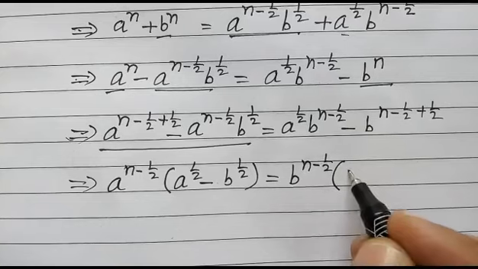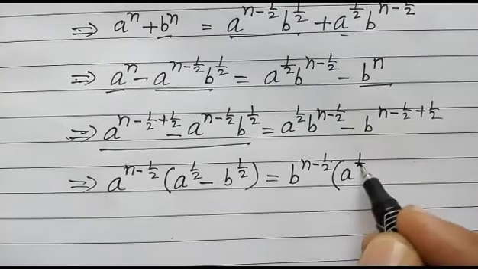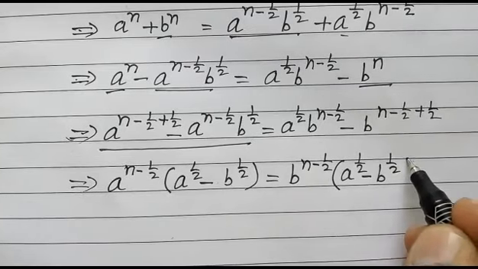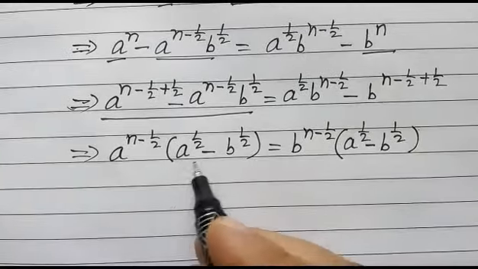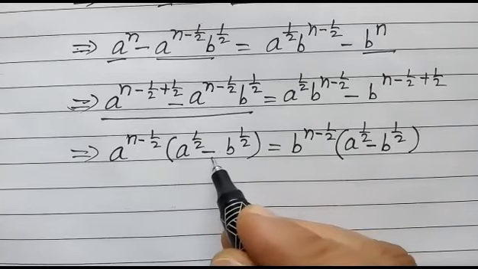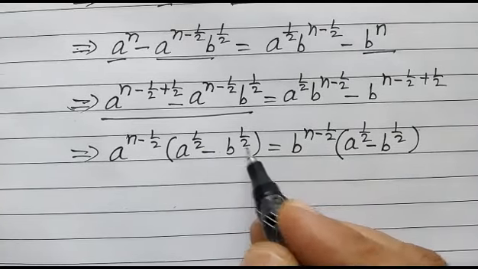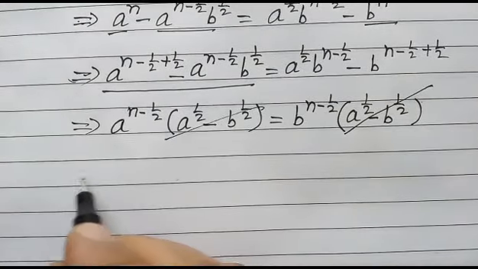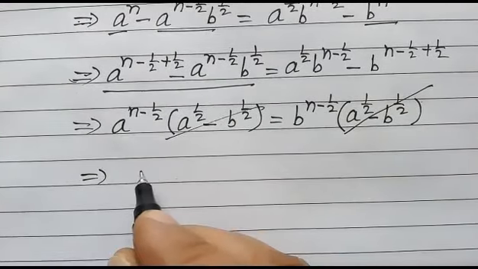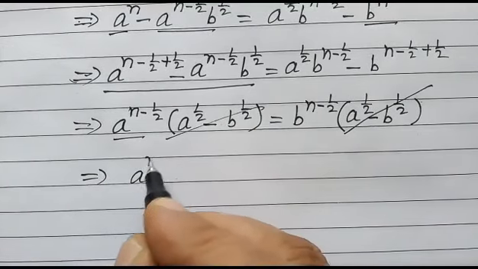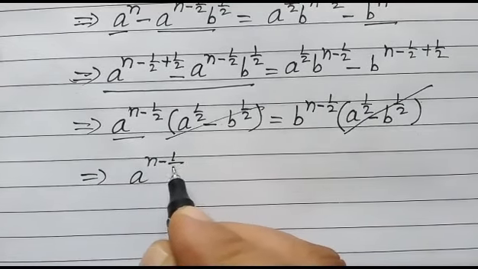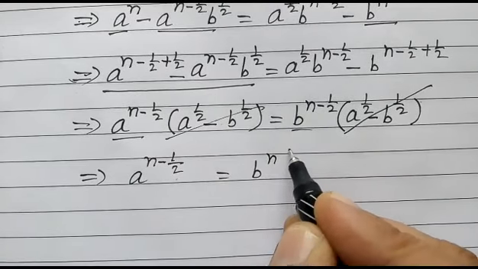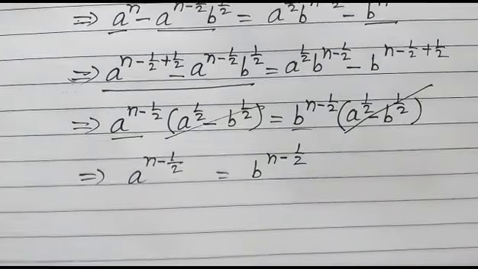So we will have a^(1/2) minus b^(1/2). This and this will get cancelled out. Now we have a^(n-1/2) is equal to b^(n-1/2).